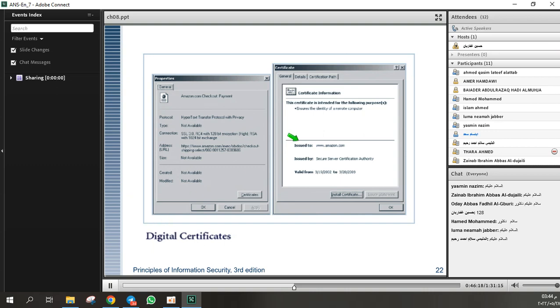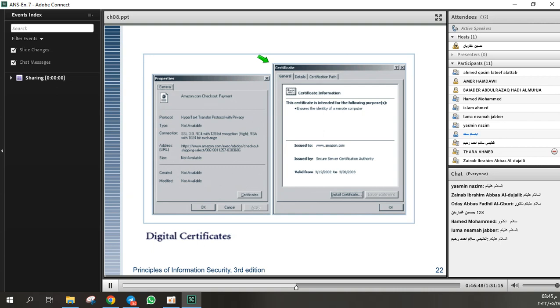It's very simple. For example, here, this certificate is issued for www.amazon.com. It's issued by Secure Server Certification Authority, and it's valid from, for example, 19 March of 2002 until 20 March of 2003 or something like that.